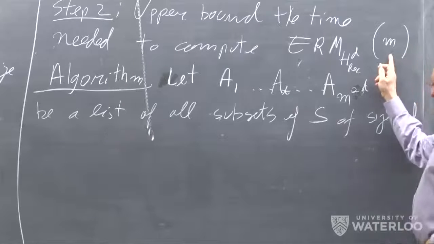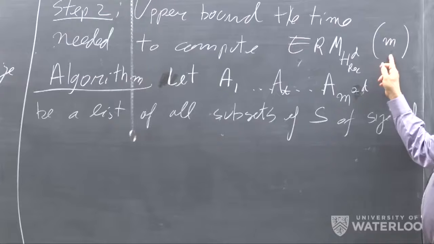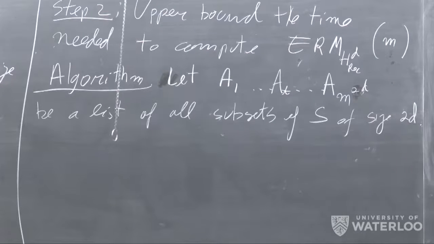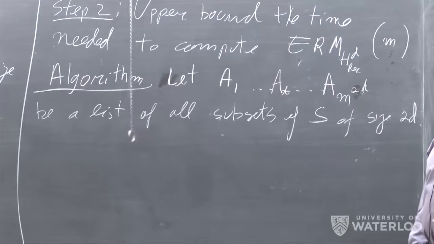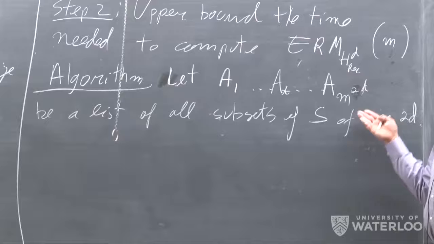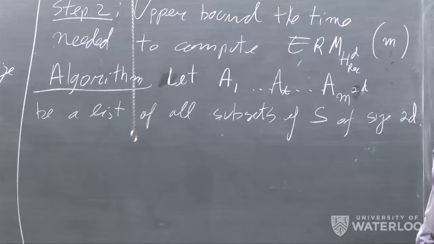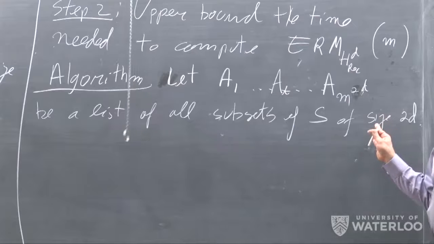So we get a sample of size M, and I make a list of all the subsets of the sample that have size 2D. So there are going to be M to the 2D such subsets. If I allow repetitions, it's exactly M to the 2D. Any questions at this point?